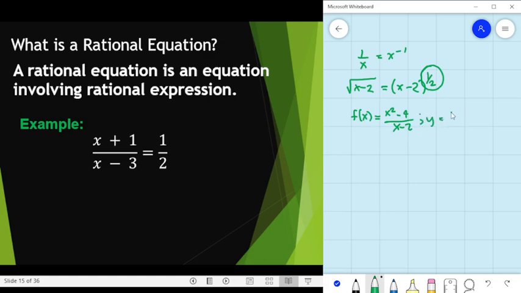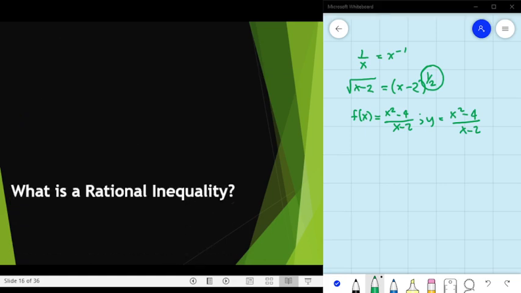Since y or f of x is present, it's a rational function. When we say rational equation, it has no extra y. There you solve for x. That's the difference.